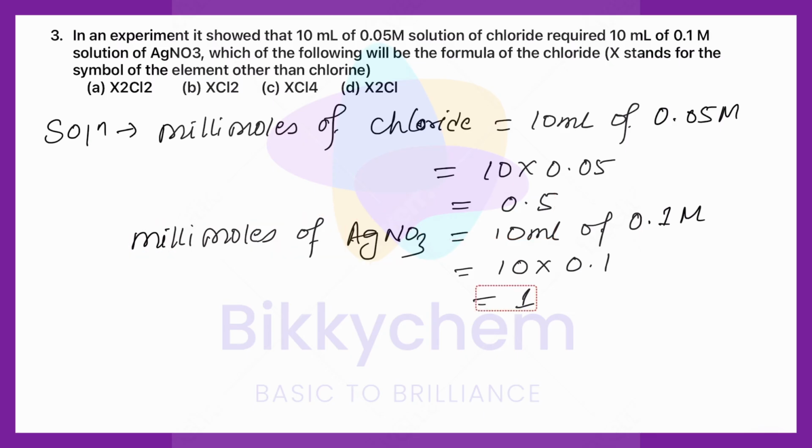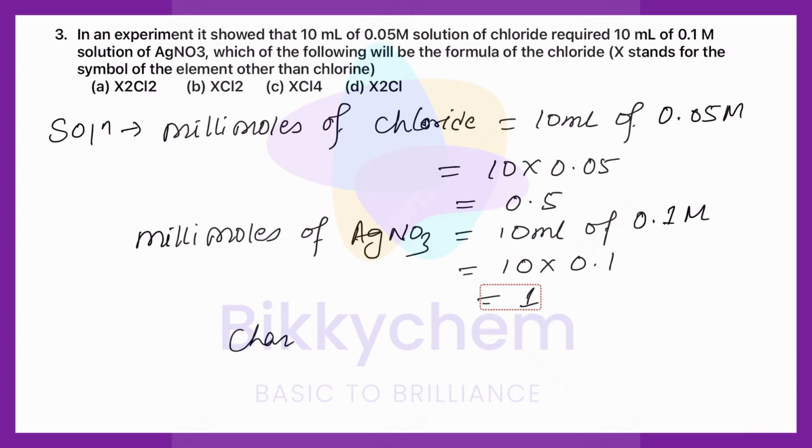Now if you see the millimoles of AgNO3 with respect to the chlorides, it is double that of the chlorides, so that's why the charge of X must be 1 by 2, 0.5, which is 2.